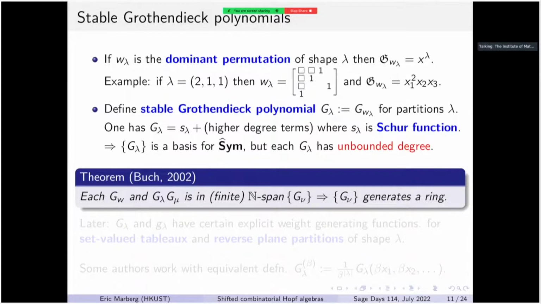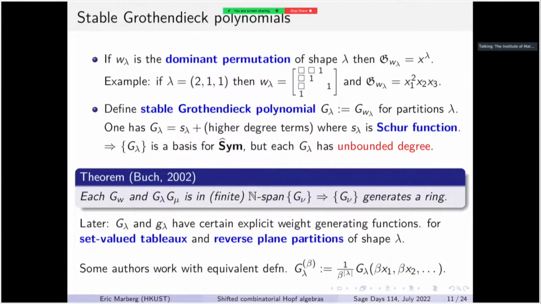And also, if you take any product of G lambda and G mu, even though in principle it could be an infinite linear combination of these unbounded degree symmetric functions, because you might have to correct terms at arbitrary degrees, it turns out that these products are also finite spans of other G nus with non-negative coefficients. So in other words, these generate a ring.